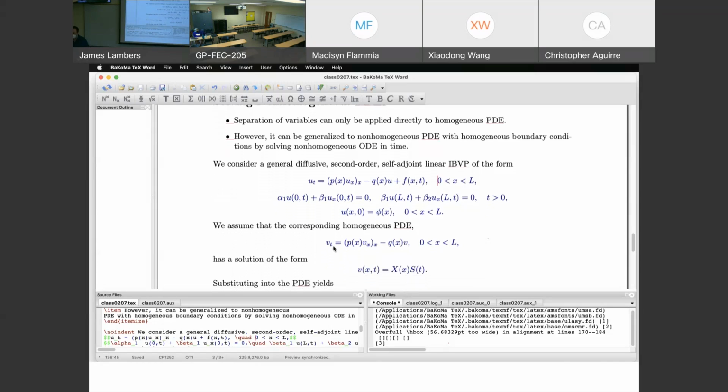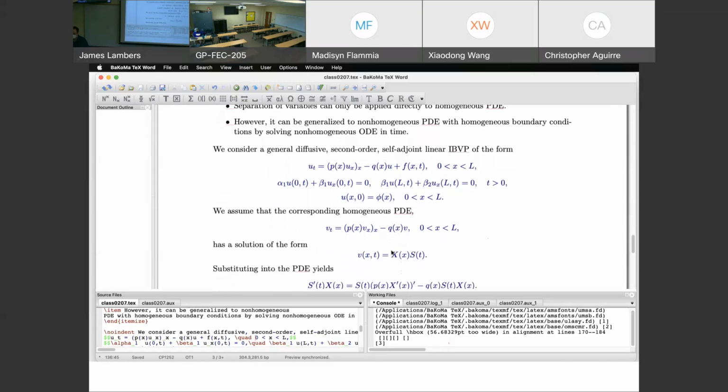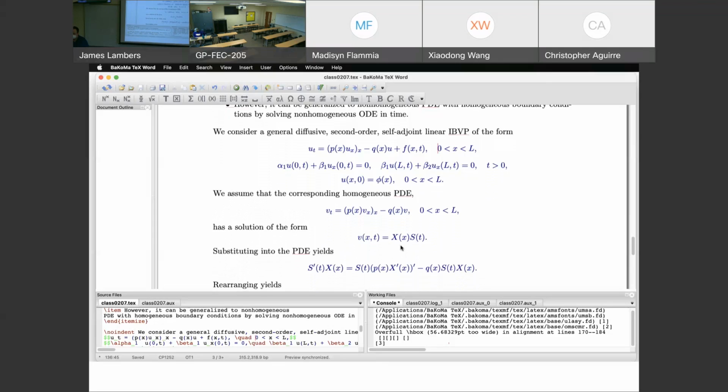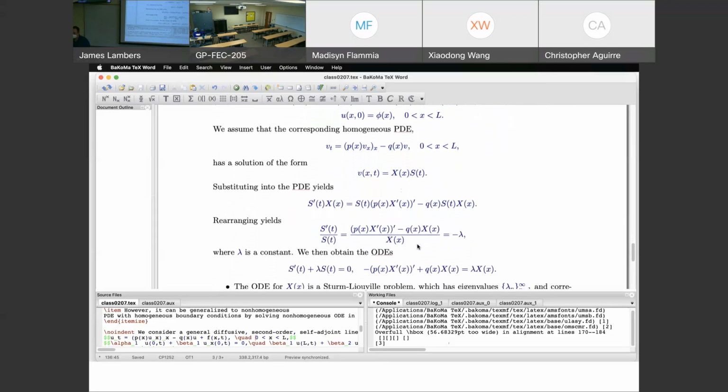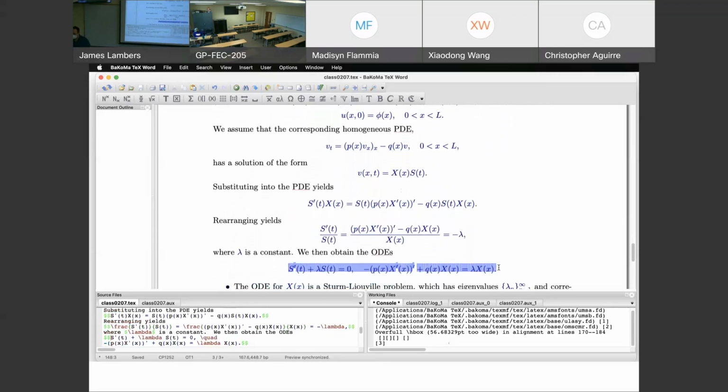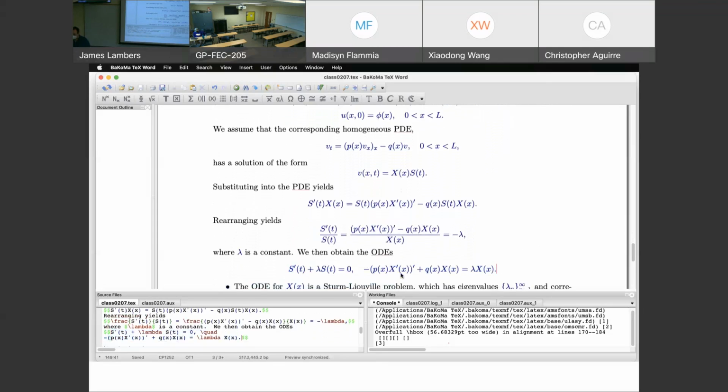If we are able to solve the corresponding homogeneous PDE by separation of variables, we have the same old separation of variables happening here. You assume the solution is a function of x times a function of t. Then you end up with the same kind of ODEs as before, one for space, one for time.